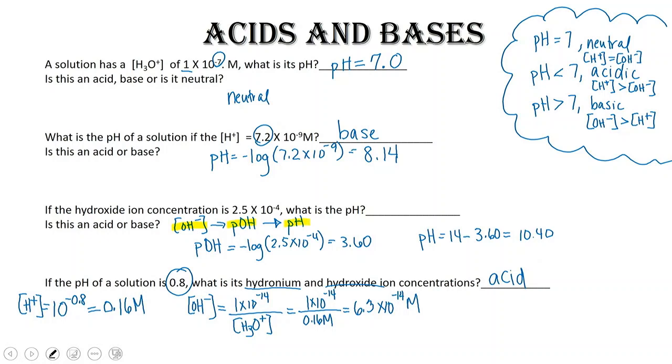So the pOH is equal to the negative log of 2.5 times 10 to the minus 4, because that's our hydroxide ion concentration. We get 3.60 because we've got 2 sig figs in our coefficient. So we have 2 decimal places. And then to determine the pH, that's just going to be 14 minus the pOH, which gives us 10.4. So if we have a pH of 10.4, this is considered a base.